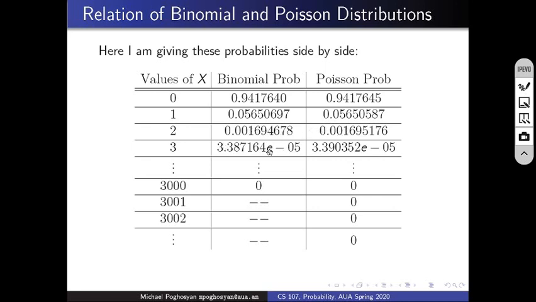For 3, this is 10 to the minus 5, the machine form of the 10 to the minus 5 representation. And starting from some point on, they will be practically zeros, but you can see that the binomial model cannot take values in the binomial probability model. X cannot take values larger than the number of characters in a page, 3000. So no values here, but the Poisson probability model will give zeros.